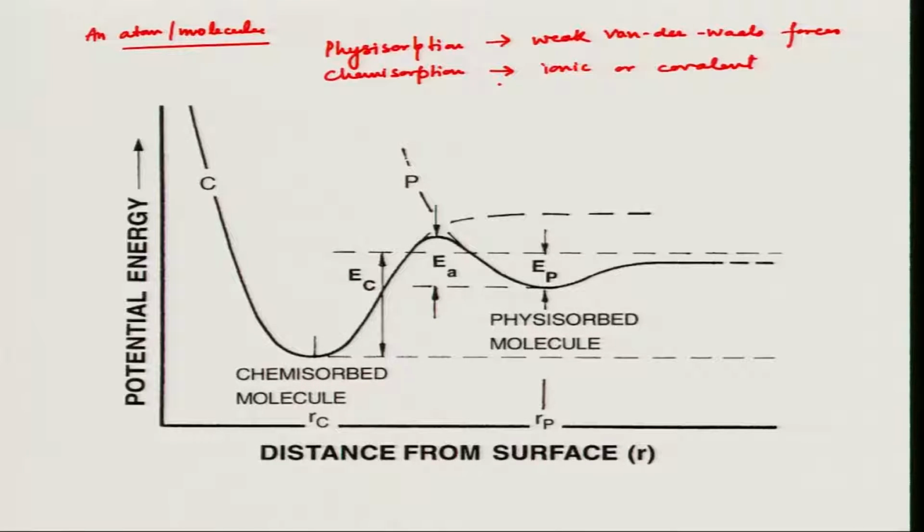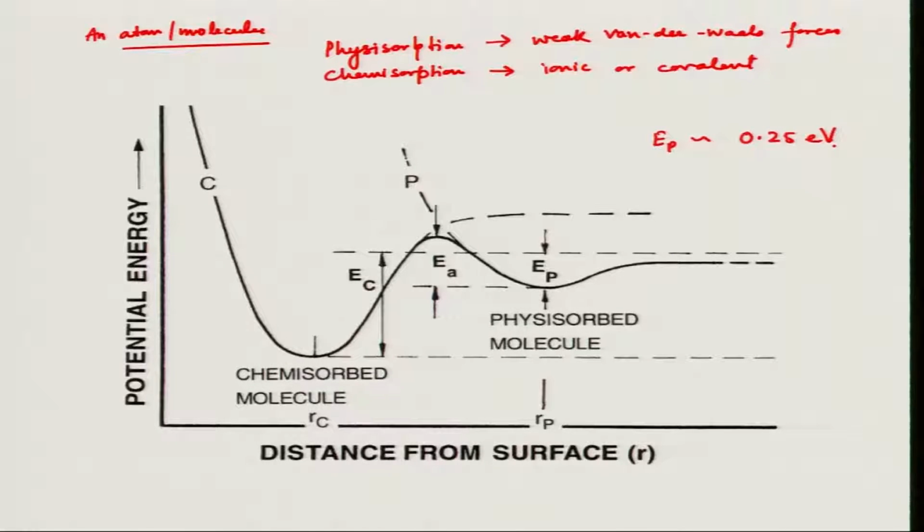Now, this graph shows how the potential energy of that atom or molecule changes as it approaches the surface. So, this is the distance from the surface as it approaches. You can see that first it will get physisorbed, and this is the energy of physisorption, this E_P, which is in the range of around 0.25 electron volts.